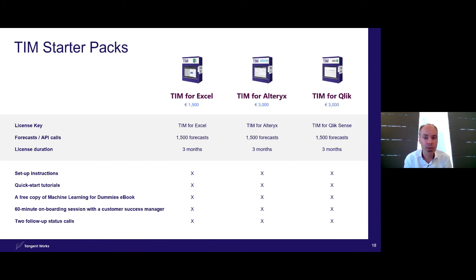But the most important one for now is, of course, the TIM for Click package, which includes 1,500 forecasts to be performed during a 3-month evaluation period. This pack also comes with some kind of success services, including instructions, tutorials, but even onboarding sessions. So pretty nice, to be honest.